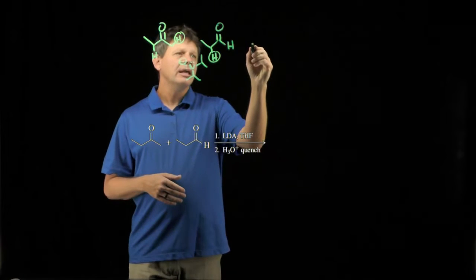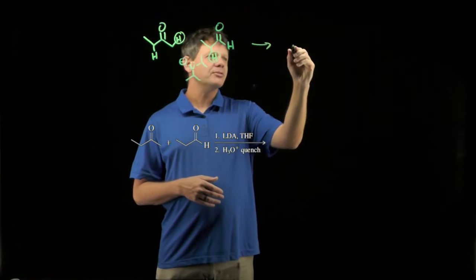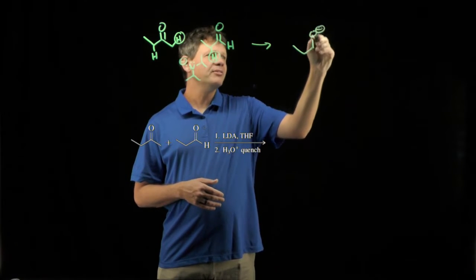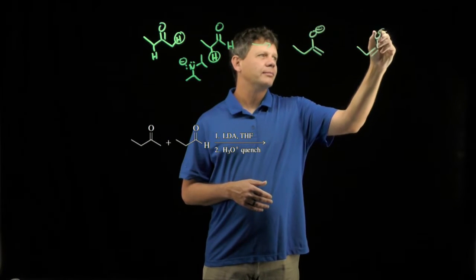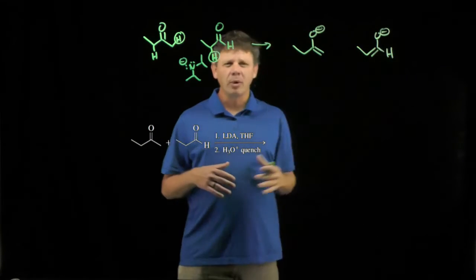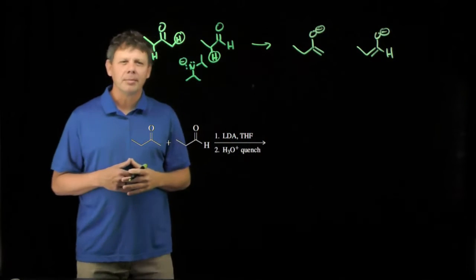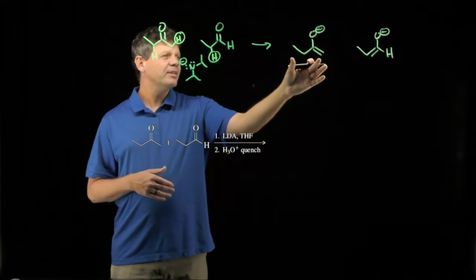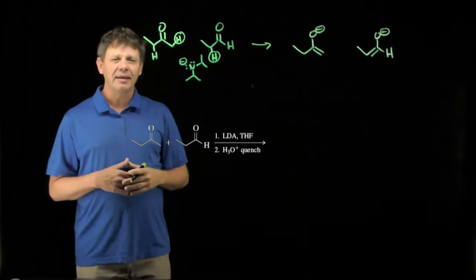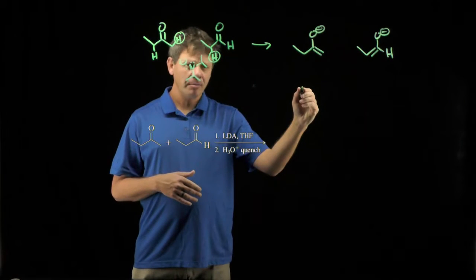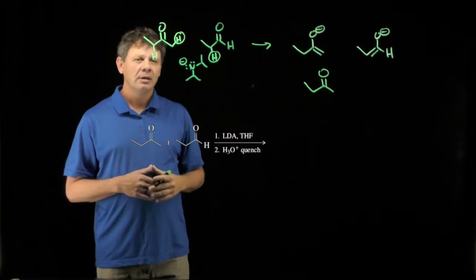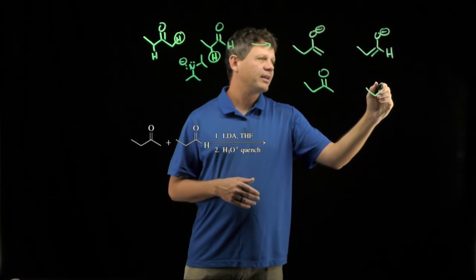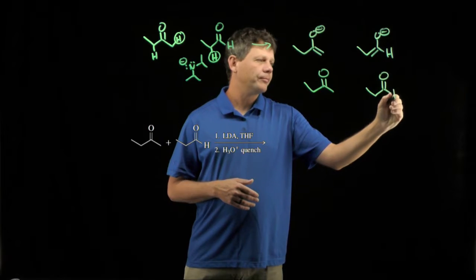What this means is we could end up with a mixture of this enolate and this enolate. Now, at this point, that's not that big of a problem. But if we've made some of this enolate and some of this enolate, what that means is we have some of this ketone around, and we have some of this aldehyde around.